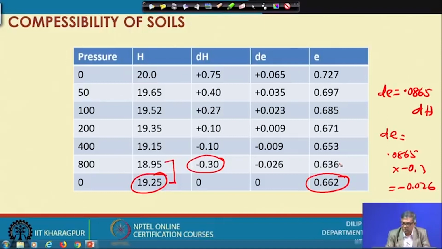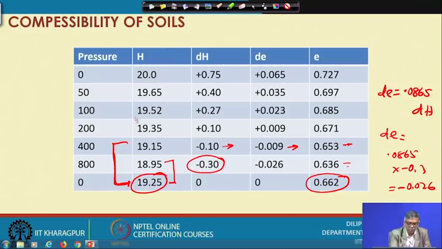So, what is the void ratio will be here? This plus this. Since it is negative, it becomes 0.636. Okay. And similarly, I will do now this minus this, then dH becomes this and dE becomes this, and if I add, then the void ratio becomes this.